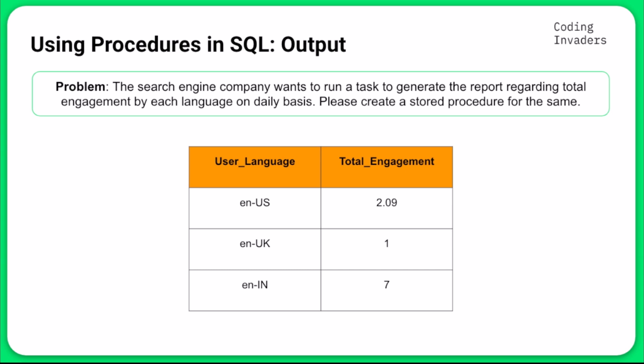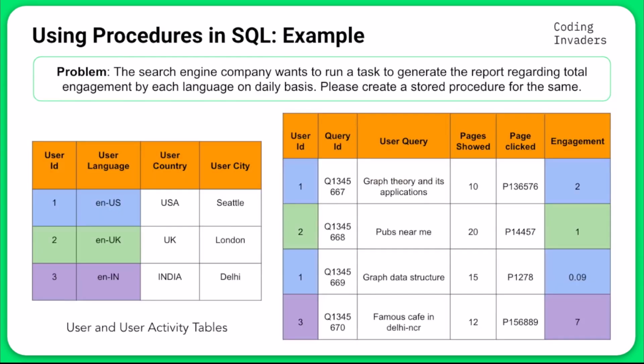So why use a procedure? Because tomorrow, we can have more users in the user table and more activities in the user activity table. So both tables keep on updating. Maybe for US, there can be more engagement values.